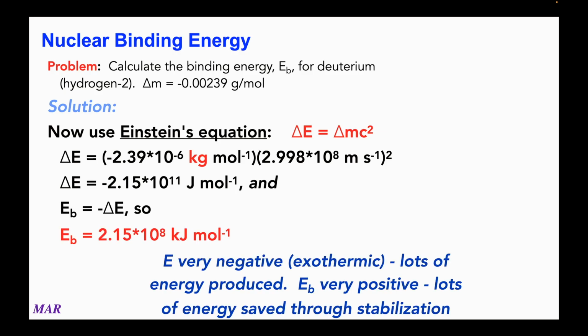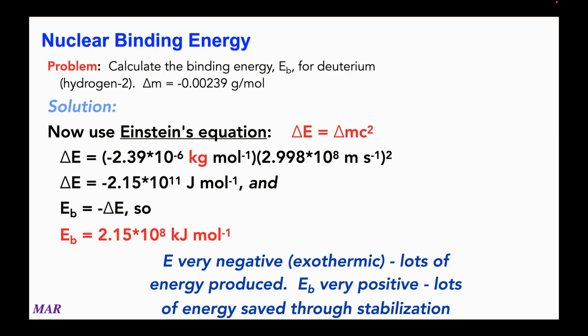The binding energy is defined as the opposite of the energy change. So basically, you want to turn that negative into a positive, and you end up in kilojoules with a value of 2.15 times 10 to the 8th kilojoules per mole. And that's just a crazy amount of energy. While a lot of the other things we were looking at were, say, 10 to the 3rd kilojoules per mole, this is 10 to the 8th kilojoules per mole.